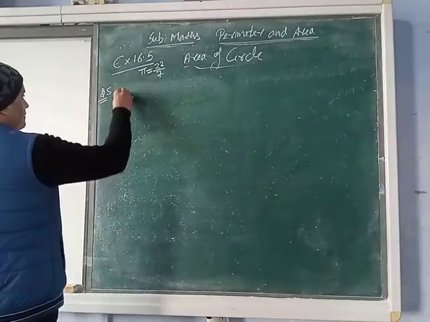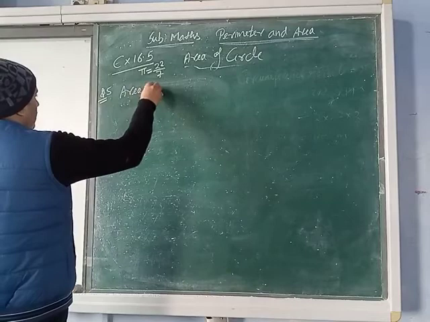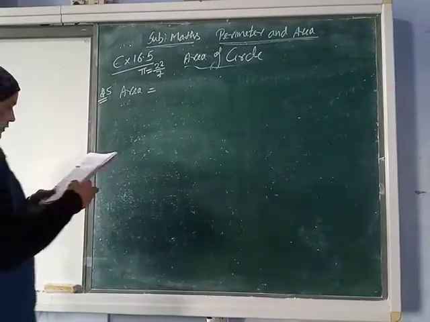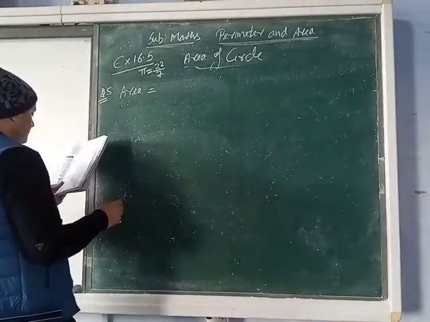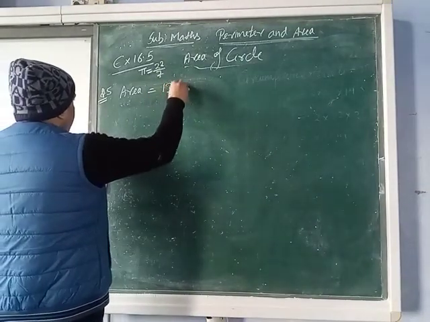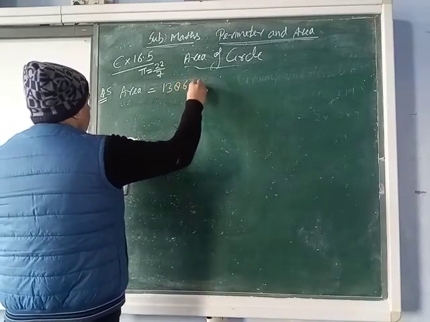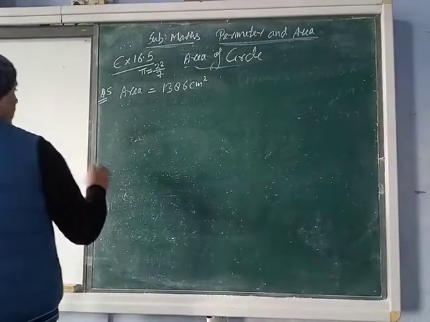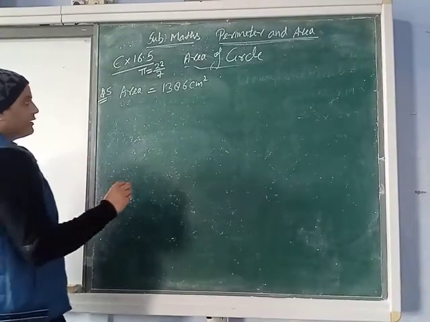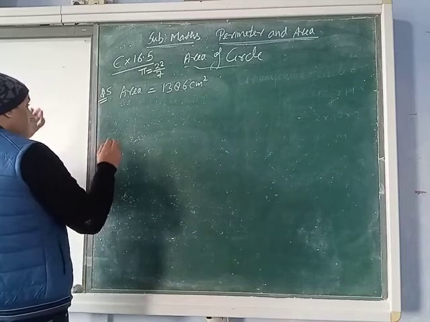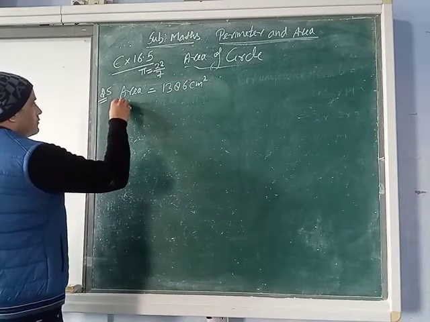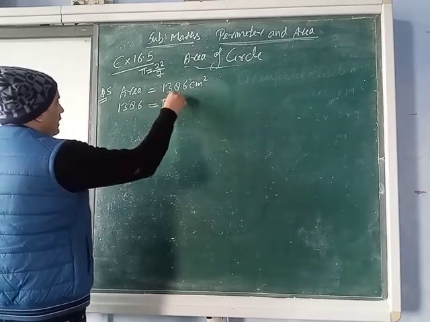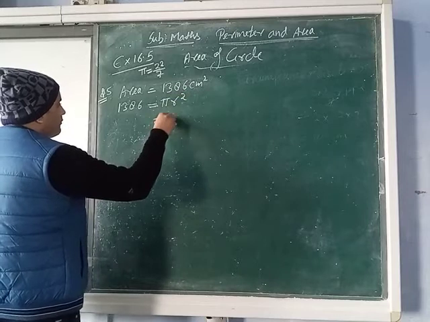What is the area? The area is 1386 centimeter square. Now we will find the radius of the circle. 1386 is equal to pi r square.